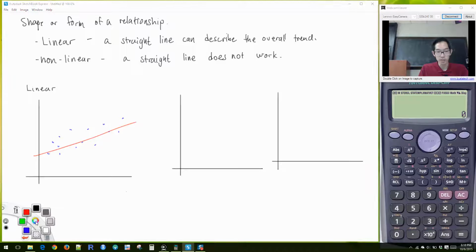So nonlinear, you could have something like this, or something like that.